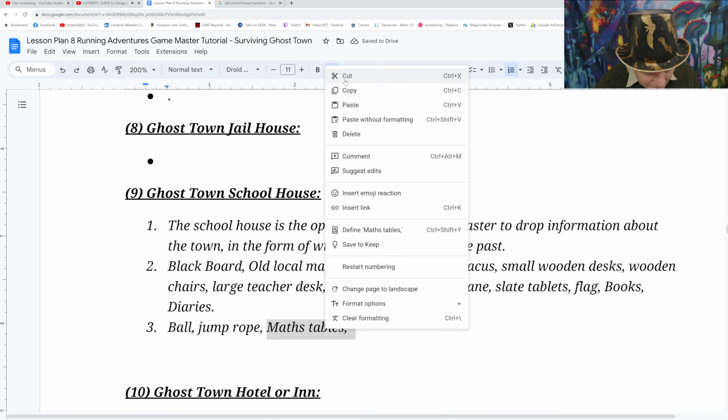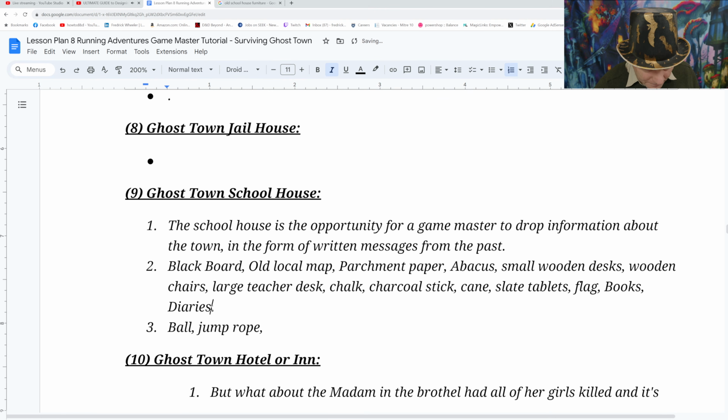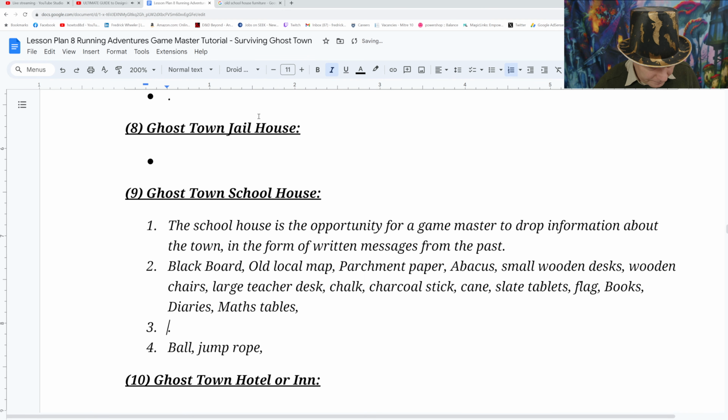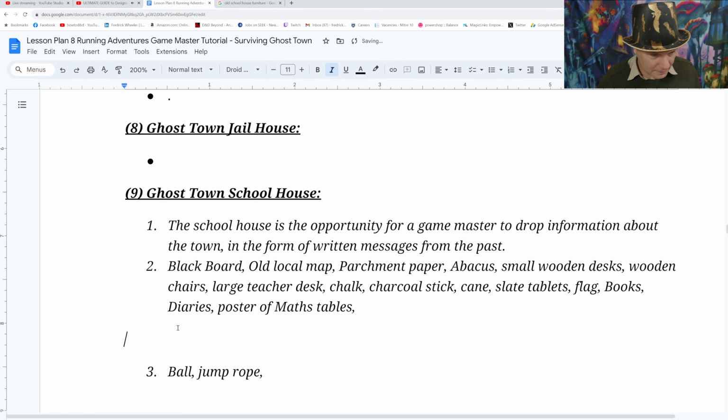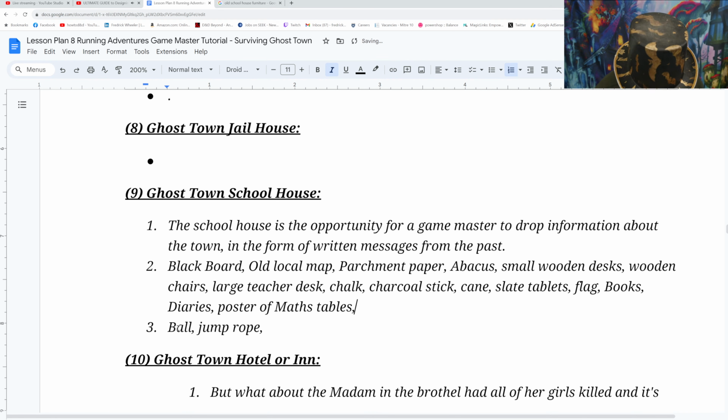Take this out. Cut there. Of maths tables. Okay, cool. Right. Before they used chalk and chalkboards, they used the clay and stylus.